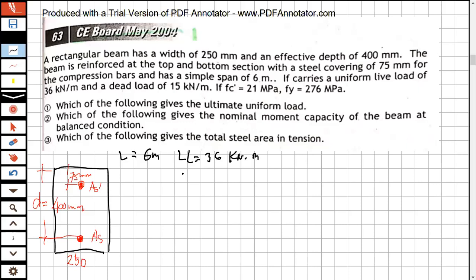Kasi from live load. Okay, moment na yan. Check ko lang. Hindi. Load pa lang. Kilonewton per meter. Then dead load is equal to 15 kilonewton per meter. Now, if C prime is given, 21, and then Fy is 276, compute the ultimate uniform load.